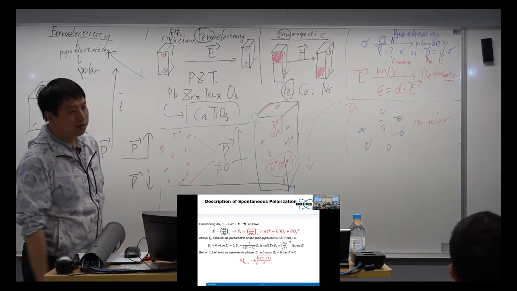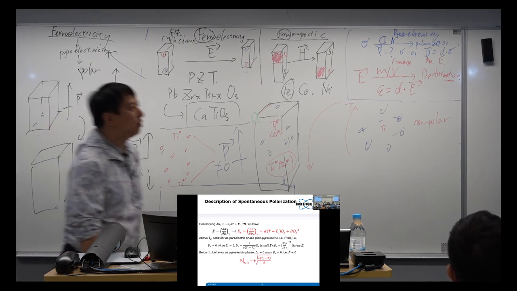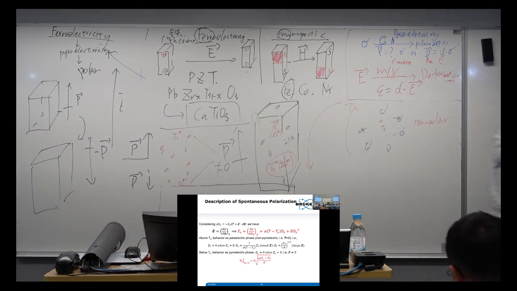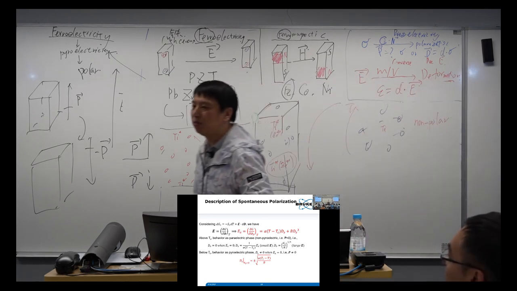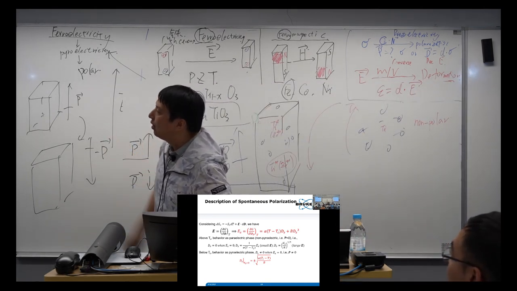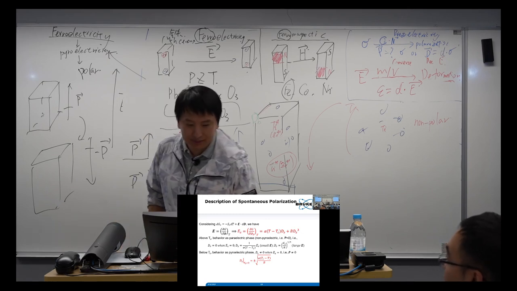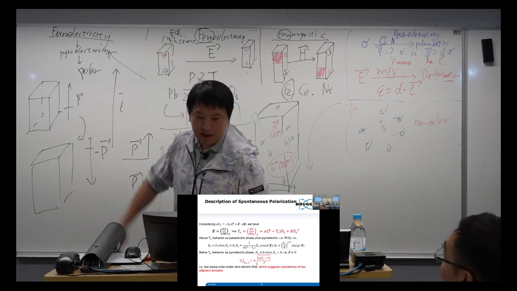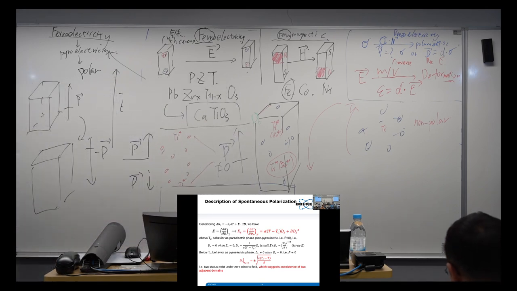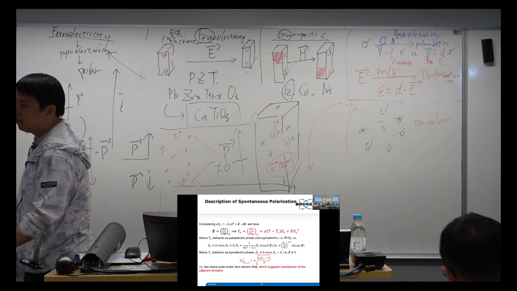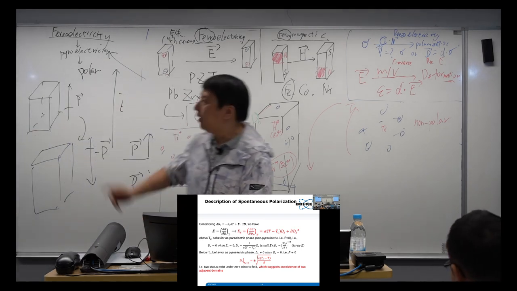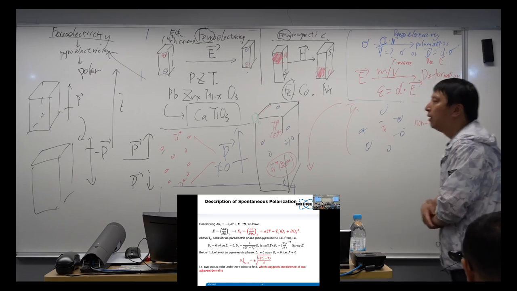But if you need a thermodynamic proof or a thermodynamic description, we use this Landau theory. Okay, this is relatively long, so I leave it inside this textbook if you want to use that as a reference. So finally, I just want to prove here, if it's polarized, it should have two states, and these two states coexist. Okay, that's the idea we want to prove here.